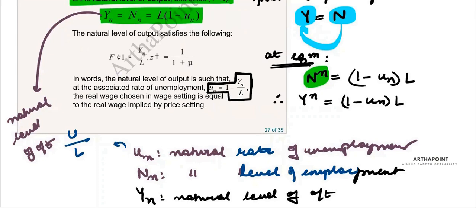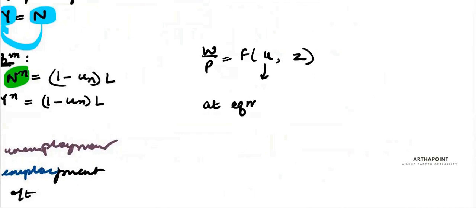Now, we also go ahead and understand that because I had W by P as a function of unemployment and Z, at equilibrium, unemployment is UN.